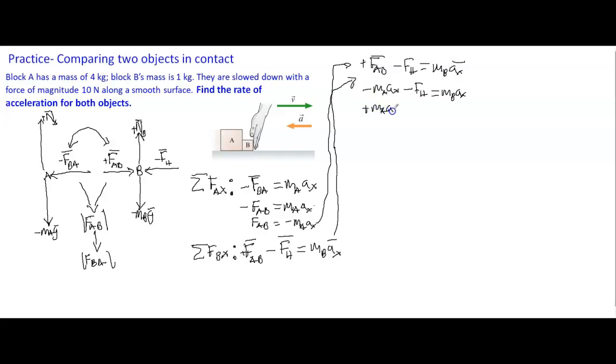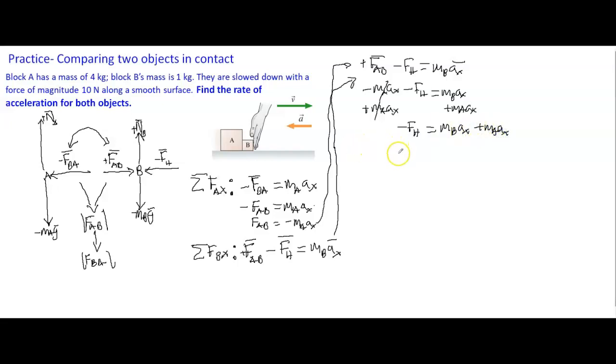I've got to add mass A times the acceleration onto both sides, which will eliminate it from the left side. And what I'll have on the left side now is just the hand force, and on the right, mass B times its acceleration plus mass A times its acceleration.